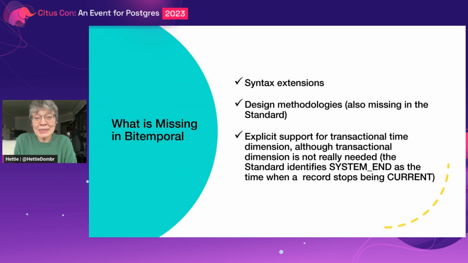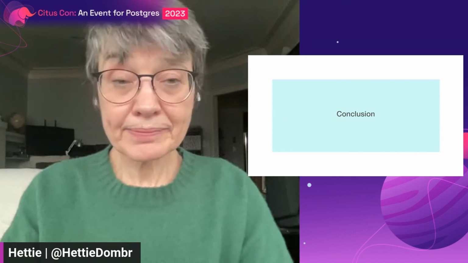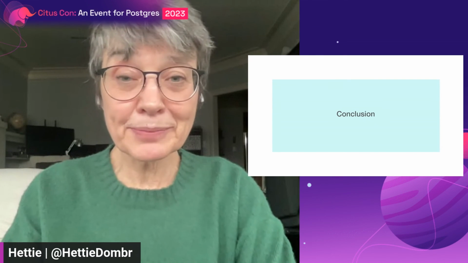And explicit support of transaction time: I question whether we really need it. But if we want to follow the standard, we can construct the end of the transaction time, and we can make the bitemporal model support transaction time. So that's it pretty much.